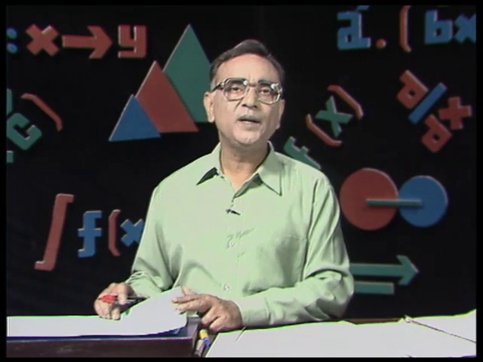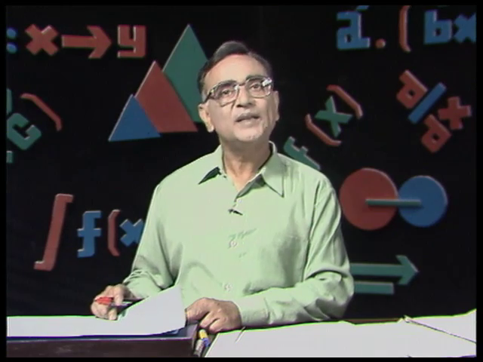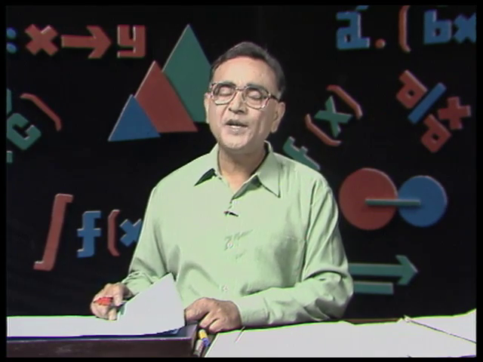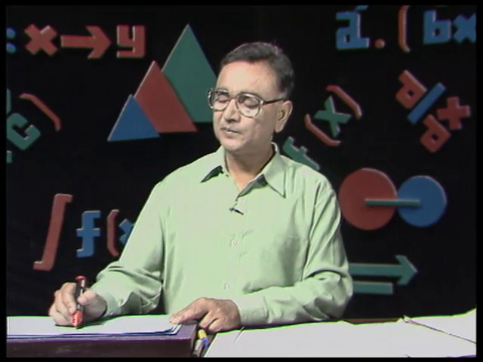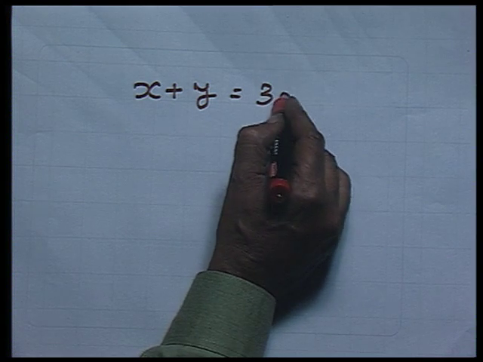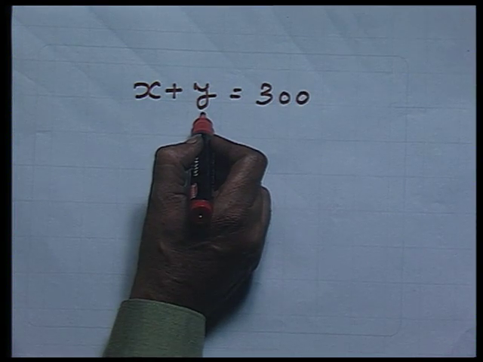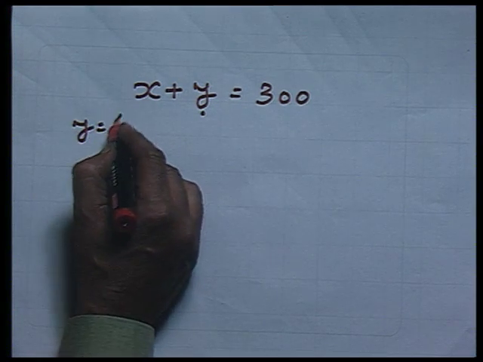Now, I am supposed to find out the cost of the ticket as well. So, for that I will make use of one of the equations. Let me make use of the equation x plus y equals 300. The value of y, which is representing the reservation charges, has been found out as 40.